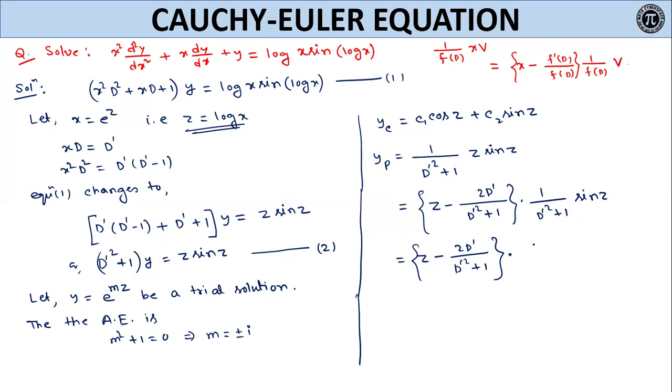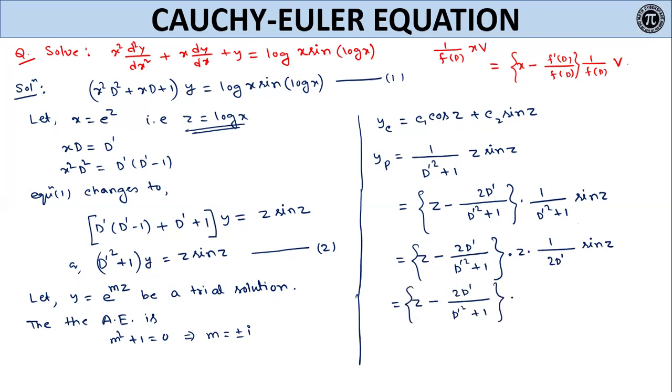So you will get z into 1 by derivative of denominator, so this will be 2d dash, into sine of z.